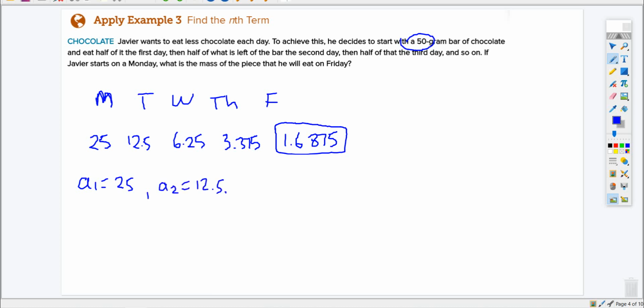Second day, 12.5. The third day, 6.25. The fourth day, 3.375. And on Friday, he eats 1.6875 grams. Okay, so this is the idea.